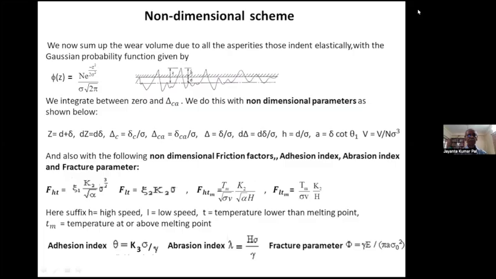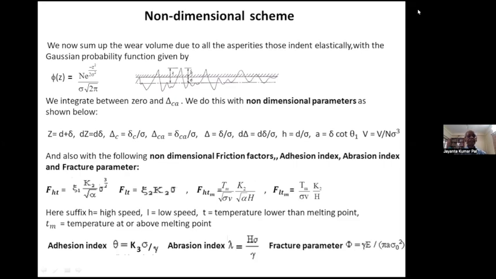So here we have got a mean line for the rough surface shown by the dotted dashed dot line, and the height of any asperity is given by Z, and deformation delta as shown here, and small d is the distance between the flat surface or rigid surface and the mean line.